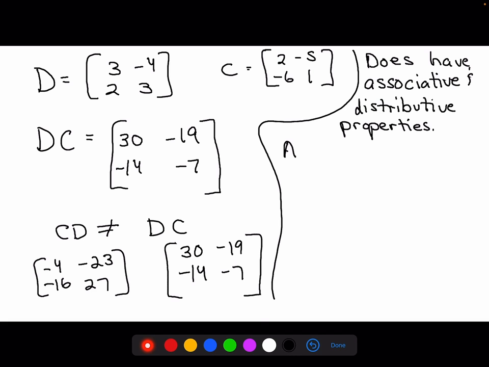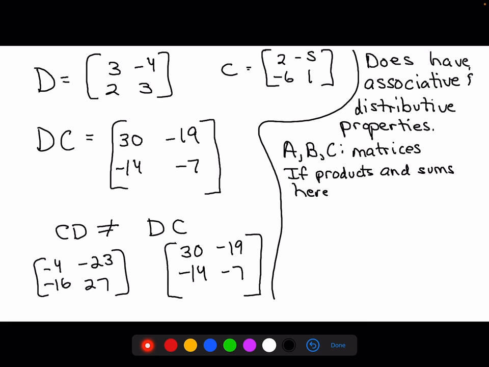So let's say you have A, B, C matrices, and as long as the products and sums exist, then the product of AB, then C, is the same thing as the product of A and then BC. So long as the product AB exists, as long as the product BC exists, you can regroup it. That's the associative property.